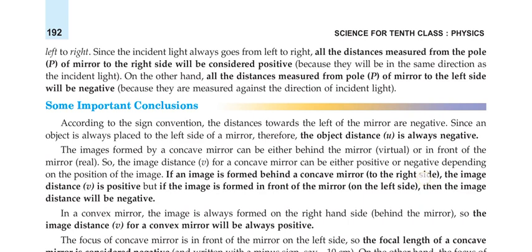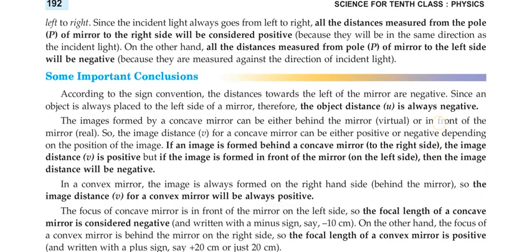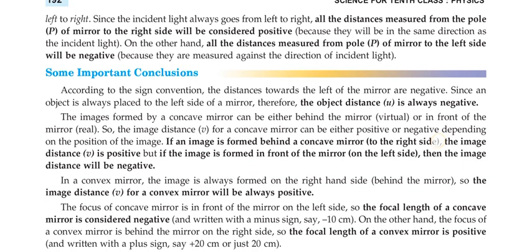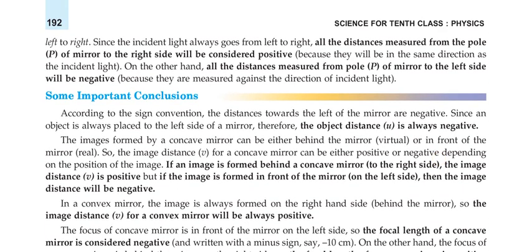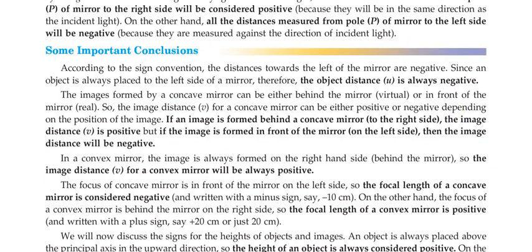There are some important conclusions also. All the distances measured from the pole of the mirror to the right side will be considered positive. This I already told. Let us see some important conclusions. The first conclusion: the object distance is always negative, because the object is always placed on the left hand side of the mirror.